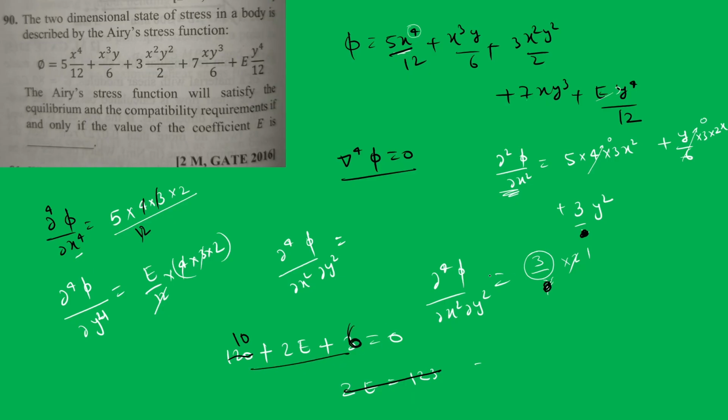Don't make silly mistakes like this. Okay, so 10 plus 6 is 16, and this is 2e. So 2e is equals to minus 16. So e is equals to minus 8, right. So that should be the correct answer.